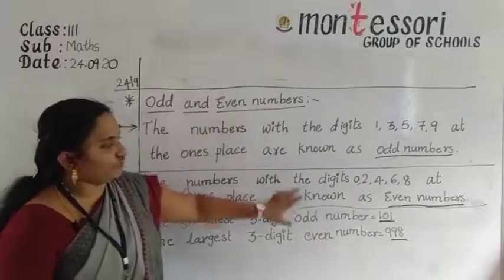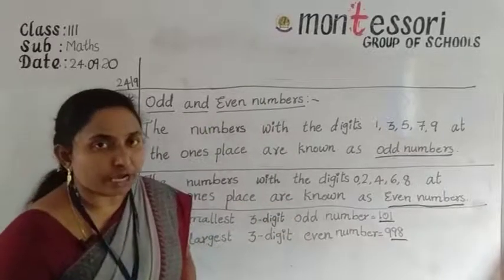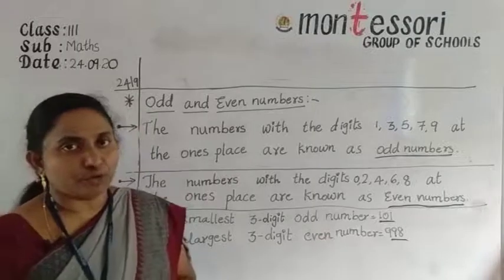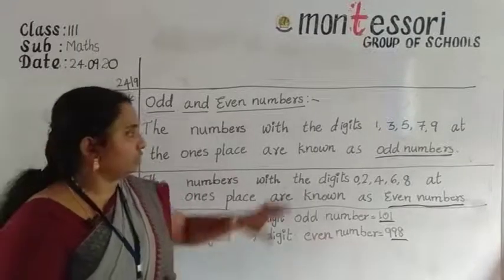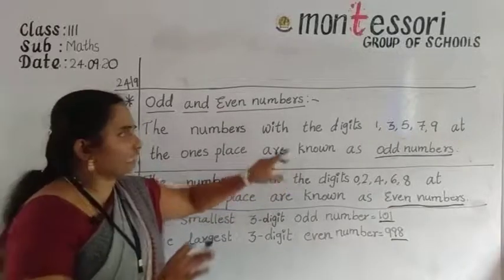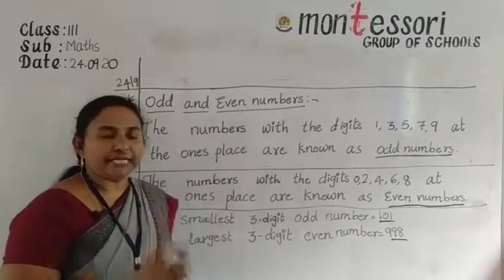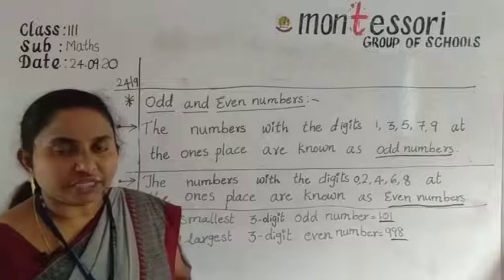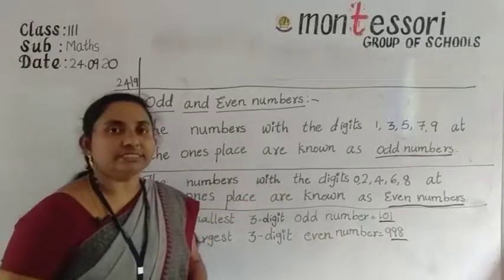Whatever definitions are given in your classwork, take a photo and send it to your concerned WhatsApp group. Any more doubt? No doubt? So what is today's work? Only classwork. Whatever definitions I gave in class, write them down in your classwork with neat handwriting, take a photo and send it to your concerned WhatsApp group.